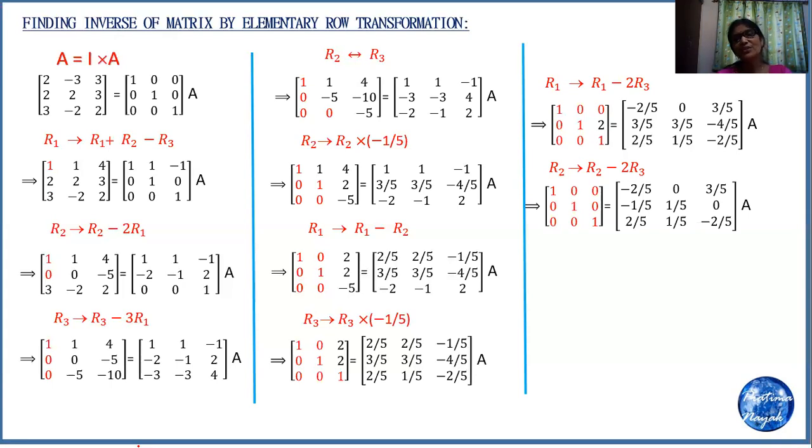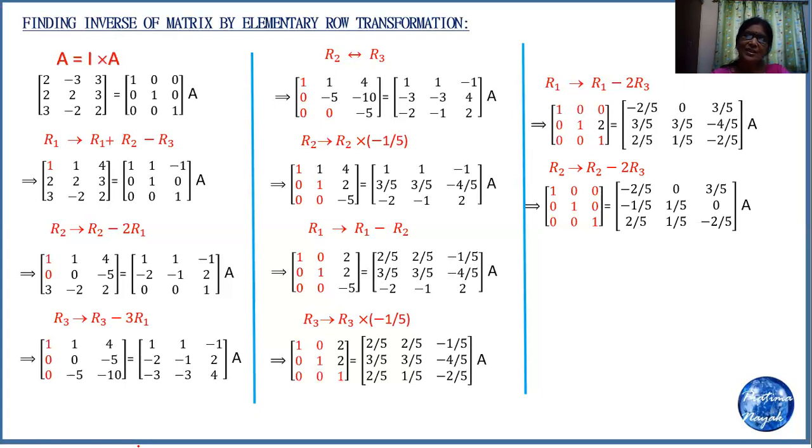Result is 1, 0, 0, 0, 1, 0, 0, 0, 1. And 2 elements will be changed in the identity matrix. It will be 2 times 2 by 5 is 4 by 5, 3 by 5 minus 4 by 5 is minus 1 by 5. 2 times 1 by 5 is 2 by 5, 3 by 5 minus 2 by 5 is equal to 1 by 5, and here it will get 0.